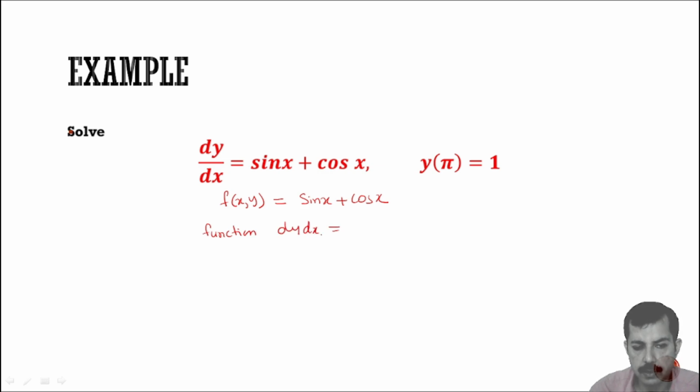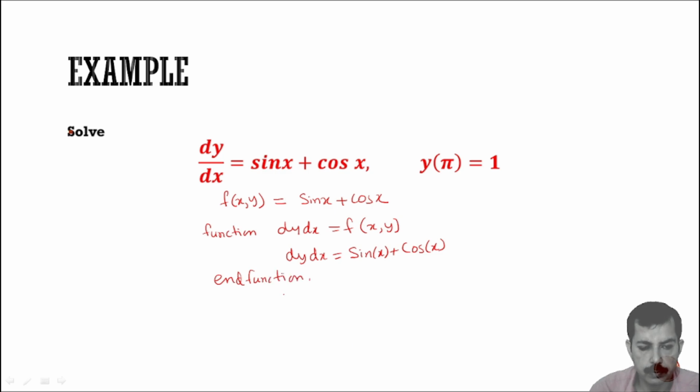Instead of dy dx, you can use any variable. Then dy dx is equal to sin x plus cos of x, then end the function, then pass these things in command ode.